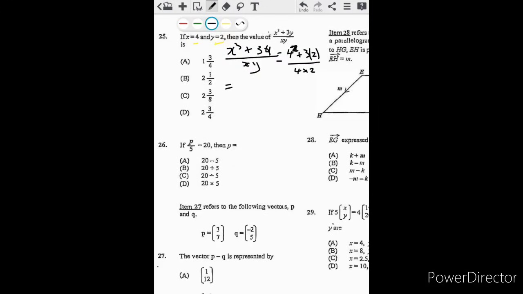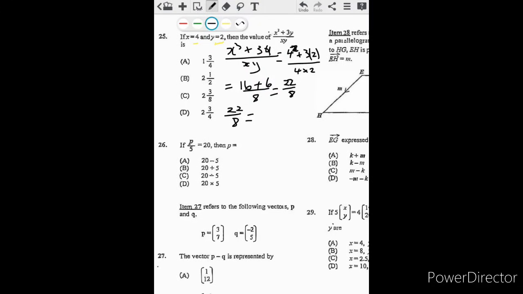So 4 multiplied by 4 is equal to 16, plus 3 multiplied by 2 is equal to 6, and 4 multiplied by 2 is 8. 16 plus 6 is 22, sorry, and divided by 8. Our answer is shown as a mixed number, so we need to make this into a mixed number. So we have 22 over 8.